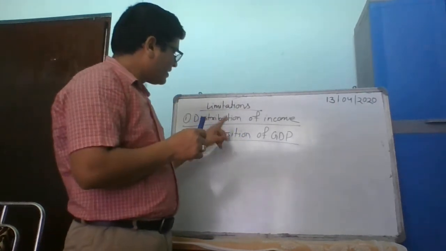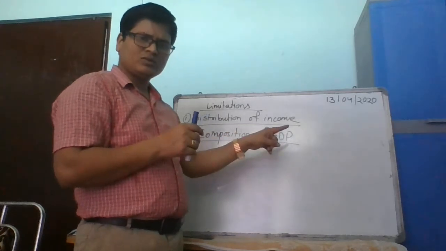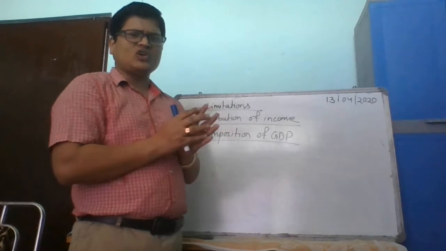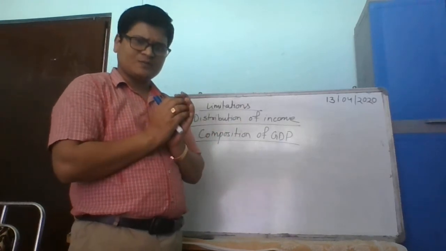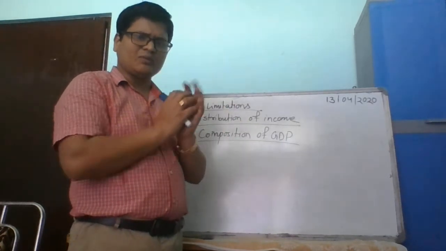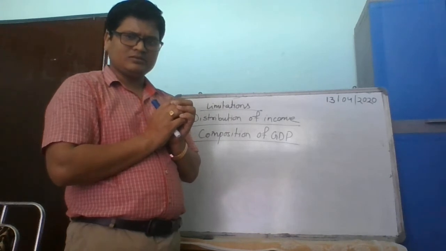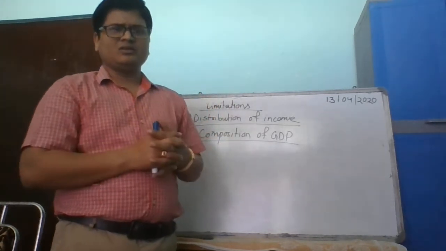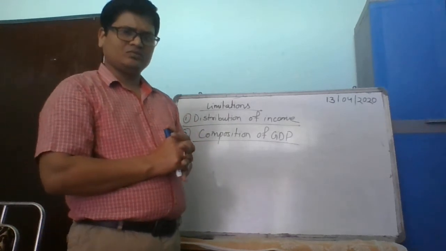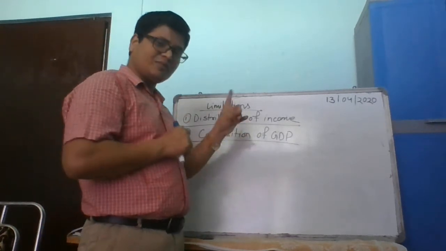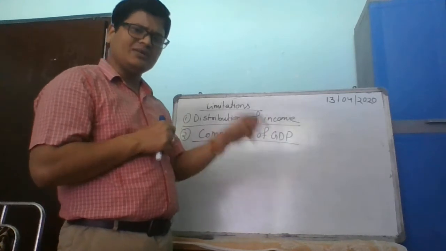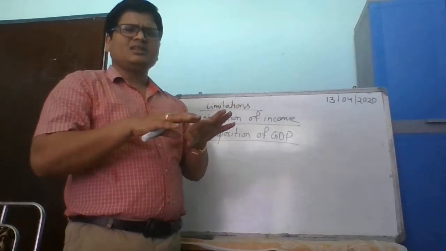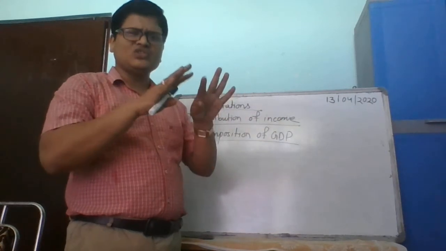Suppose there is an increase of defense commodities, that is weapons, an increase in security personnel and the development of infrastructure for defense. That does not bring direct benefit to the individual. It gives indirect benefit, that is, there is no fear and peace is maintained.